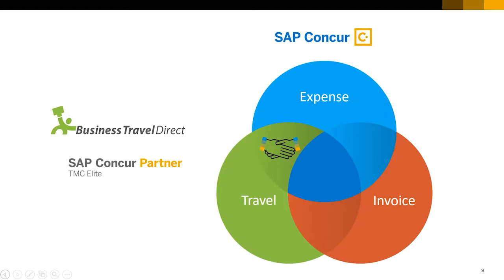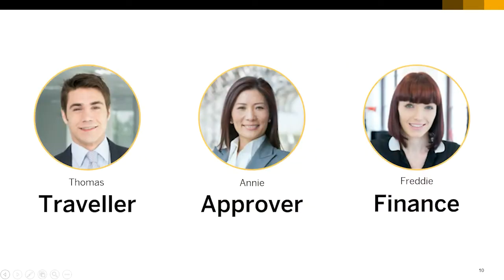So without further ado, I'd like to introduce you to some of our friends. We're going to be working through a typical workflow. This doesn't mean to say that this is reflective of the workflow within your business.